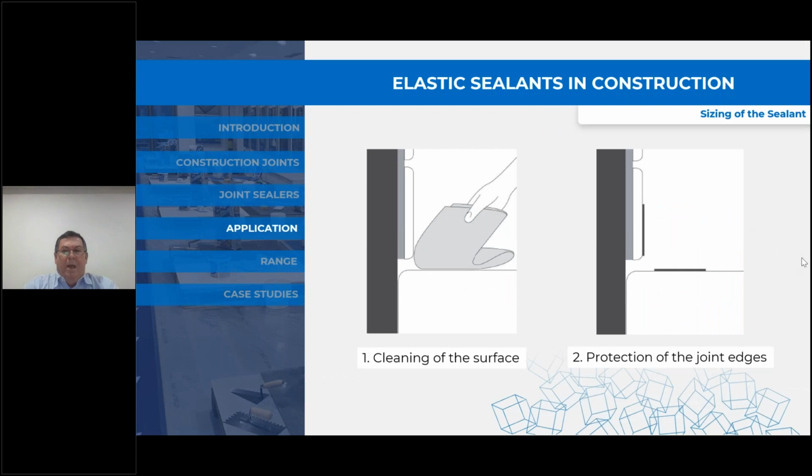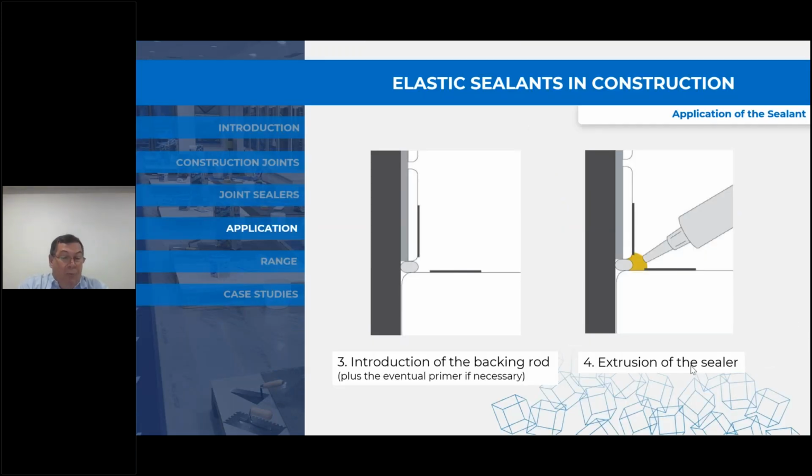Okay, so let's start to talk about an application. The most important thing is to clean the surface. By doing no cleaning regime at all, you have no idea what contaminants are on the surface. So always, at the very least, give it a light wipe and remove any dust or contaminants. Then apply masking tape, so protection of the edges of the joint and where you want to finish the joint sealant.